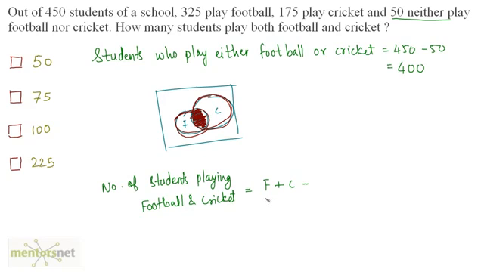So mind that this F is the number of students who play only football, C is the number of students who play only cricket, minus this 400. So this is equal to 325 plus 175 minus 400. This is equal to 100. So 100 students play both football and cricket. So option C is the right answer.